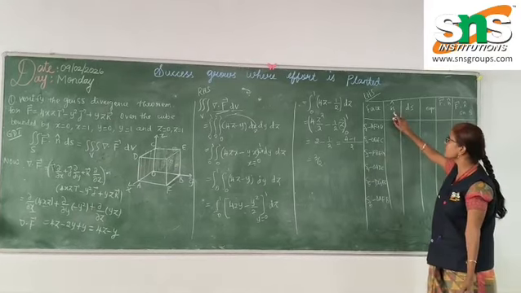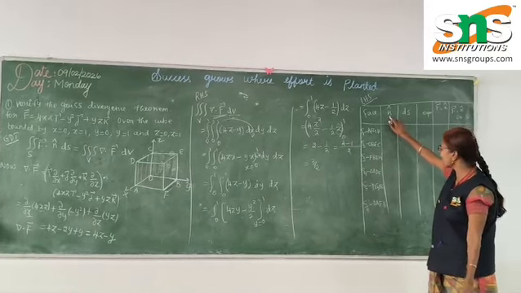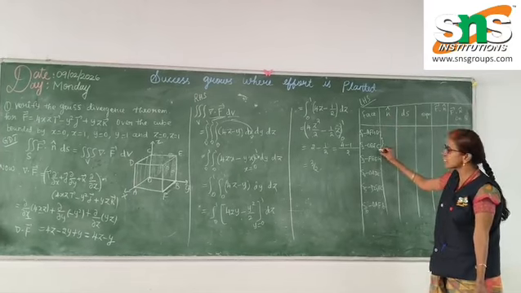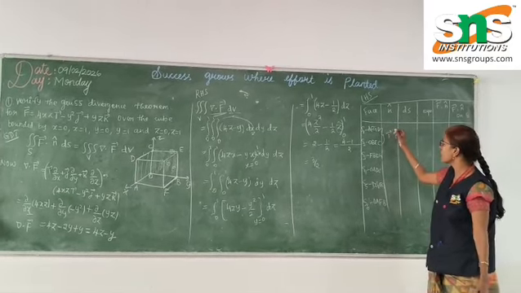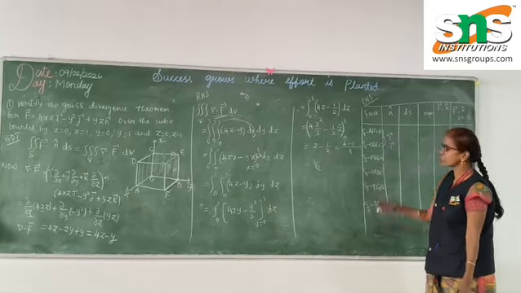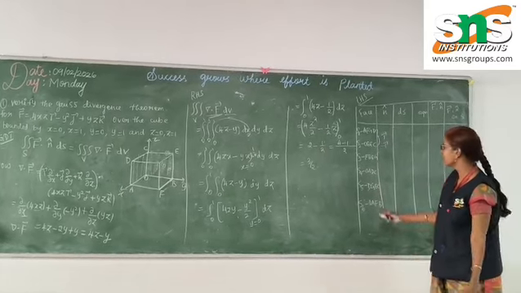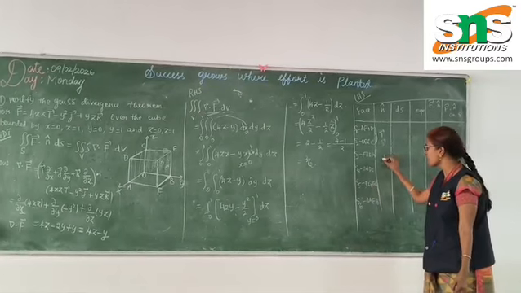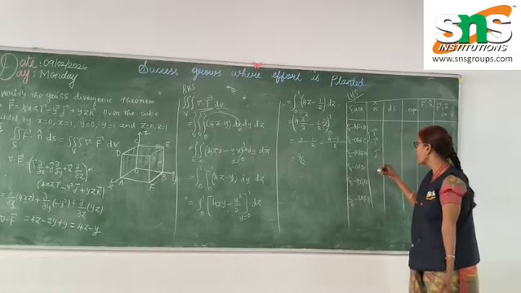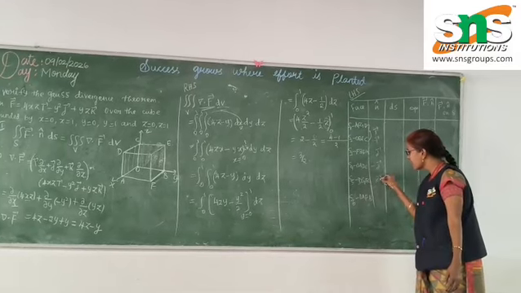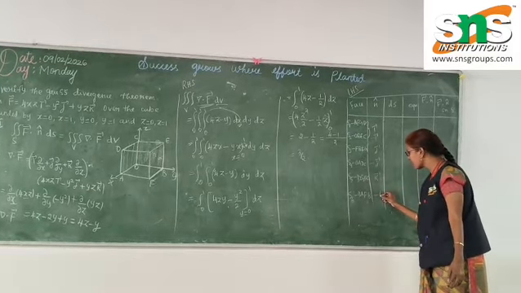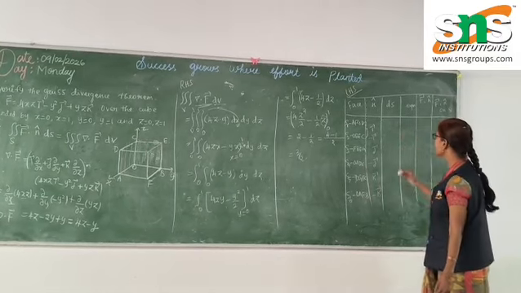The next thing is we need to write n cap. If the face lies on x direction, we take the i vector. If it is opposite to x direction, we take minus i vector. If it lies on y, we take j. If it is opposite to y, minus j. Lies on z is k, and opposite to z is minus k. The next thing is ds.